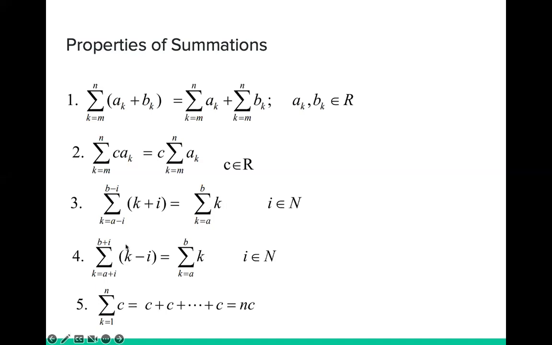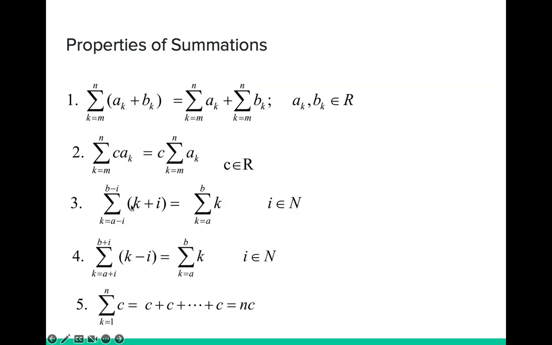Now we also have a summation of k equals a plus i to b plus i of k minus i. This may also be simplified to the summation of k equals a to b of k, where i is a natural number.